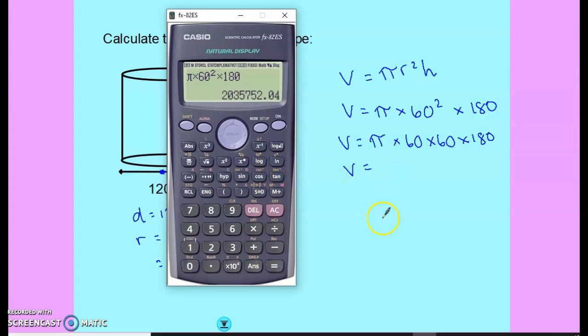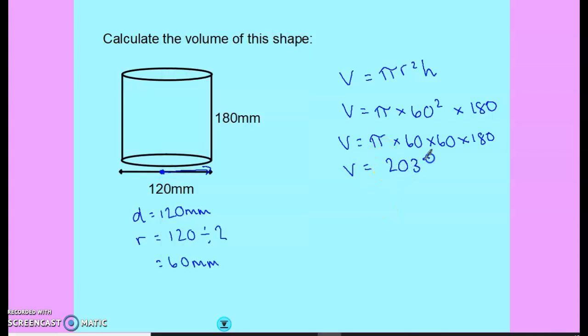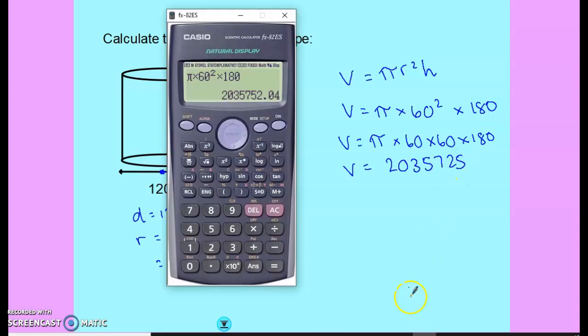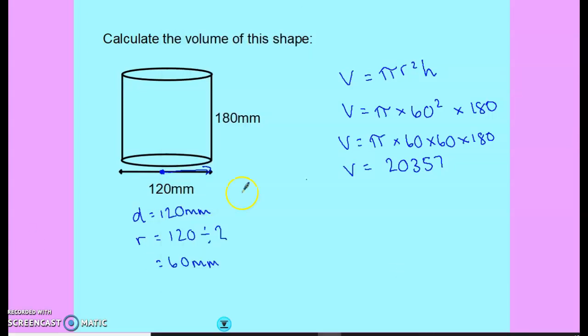That comes out at 2035752.04, and that's millimetres cubed.